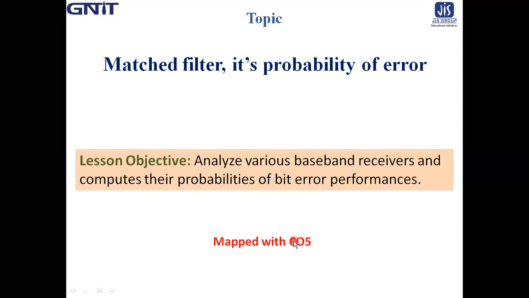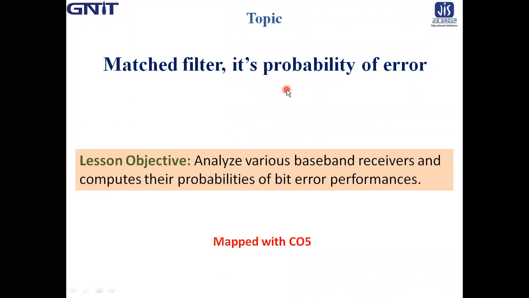So let us start lecture number 3 from the module of baseband signal receiver and probabilities of bit error, with the topic of matched filter and its probability of error.